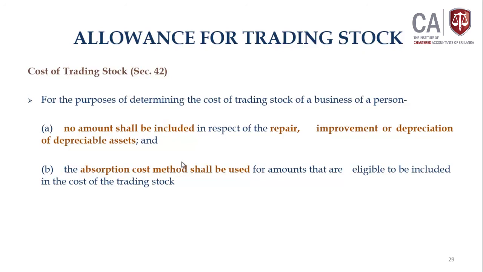But absorption costing method means apart from the direct cost, you charge overhead also, especially factory overheads. So, the valuation should be with the factory overheads charged to the cost. In a manufacturing company, you charge it to the cost of production. The valuation should be based on absorption costing.